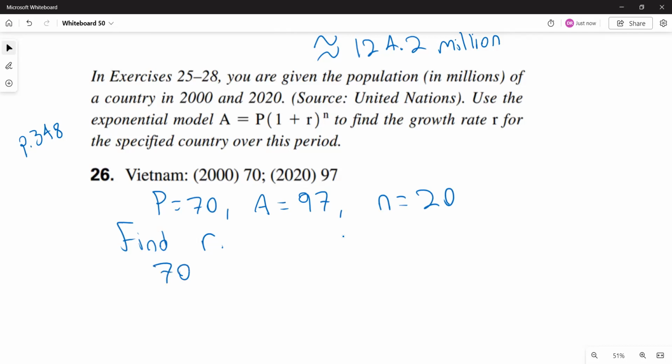So 70 times 1 plus R raised to the 20th power is equal to 97. Okay, to solve for R, we first need to isolate the exponential. So dividing by 70, 1 plus R raised to the 20th power is 97 over 70.